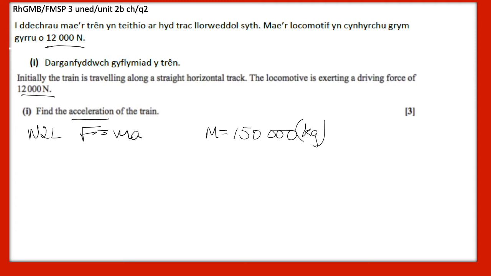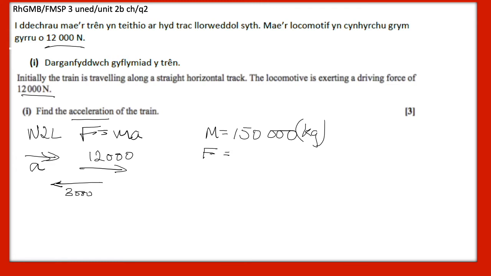Acceleration is what I'm trying to find, so clearly I need to know the force. And what I did was I had a positive sense. My acceleration I had going from left to right in the usual positive sense. So therefore my force is going to be my forward force going that way, which my question tells me is 12,000 newtons, less my resistive force, which I think was 3,000 newtons.